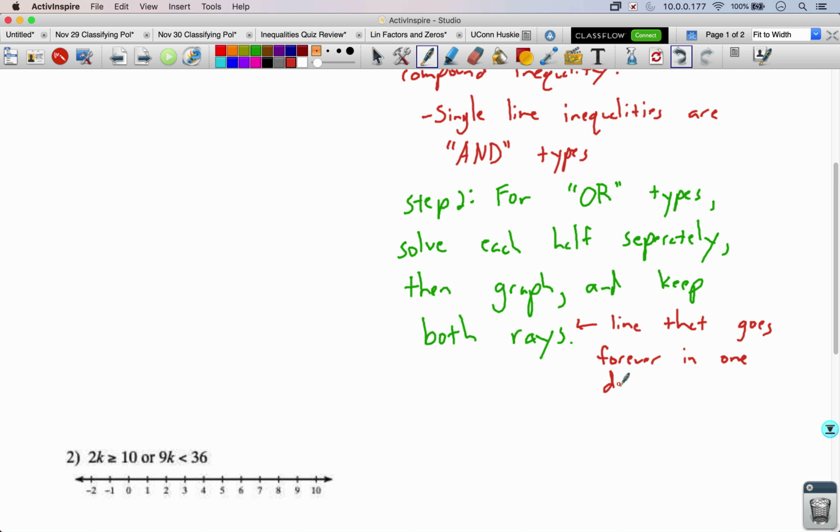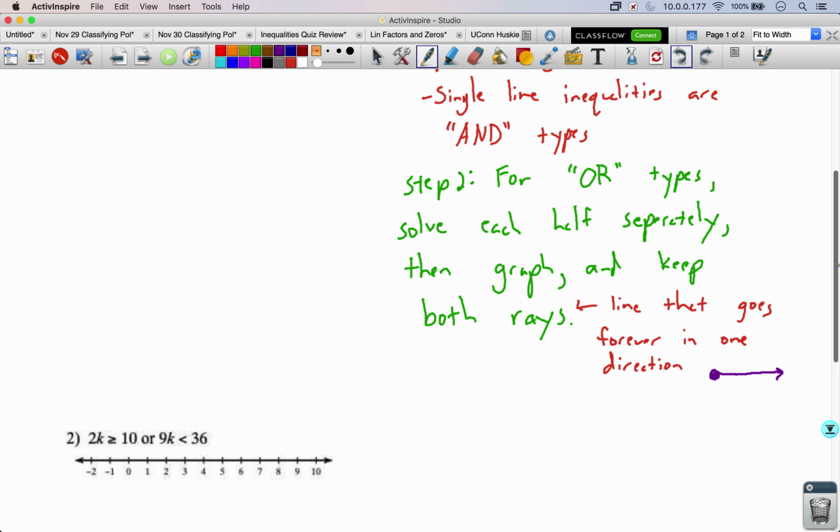And every graph we've done of an inequality has been a ray so far. So they start at a point, but then the arrow means that they go whichever direction they're going, all the way to either positive infinity or negative infinity. All right, so for or types, solve each half separately, then graph and keep both rays.